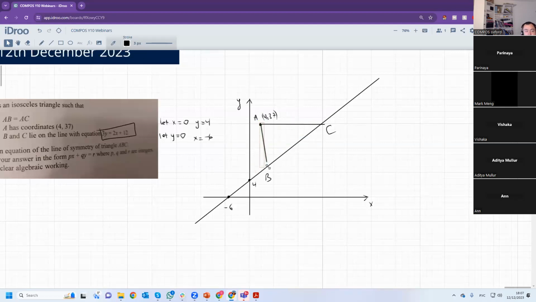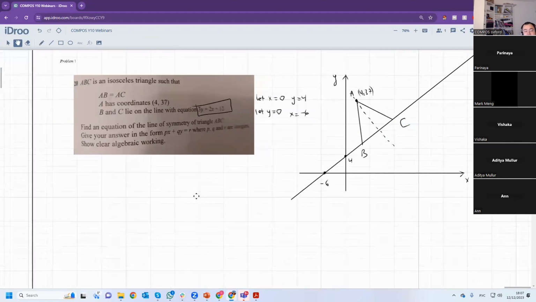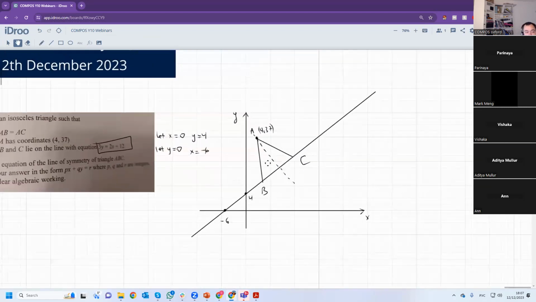But it doesn't really matter where B and C are. If you draw a line like this, because the question is, what is the line of symmetry of the triangle? The line of symmetry is this line. And this you already know how to do.